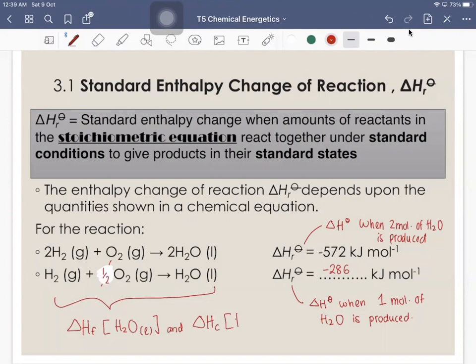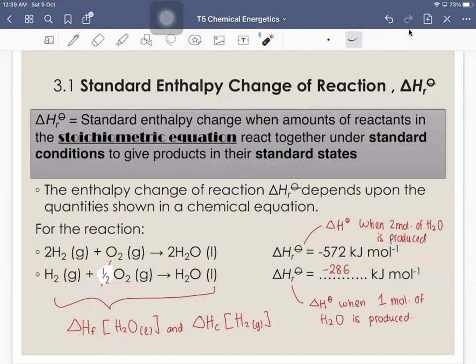Okay, so I will cover enthalpy change of formation and enthalpy change of combustion after this. So you can see that formation is referring to H2O because I'm forming H2O. Combustion is referring to hydrogen because I'm burning hydrogen in oxygen, right?